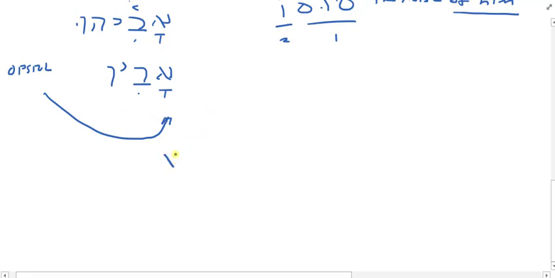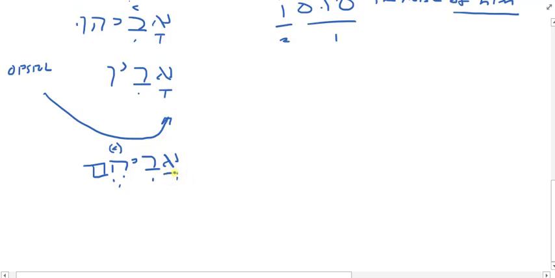So why do I have the compound shva here with Avihem? Where's my stress? It's on the hem. So it's on the tonic syllable, the final syllable, right? So the vi is open and pretonic, and the ah would have been open and propretonic, and it was required to reduce to a vocal shva. And because aleph is a guttural, it takes the compound shva.